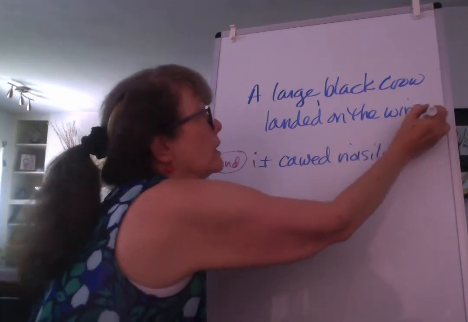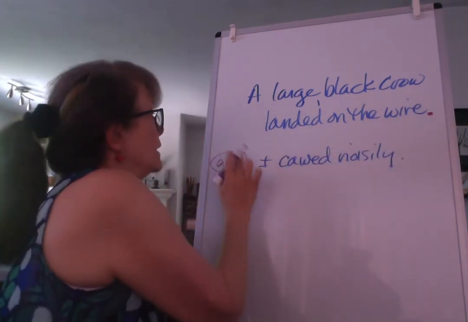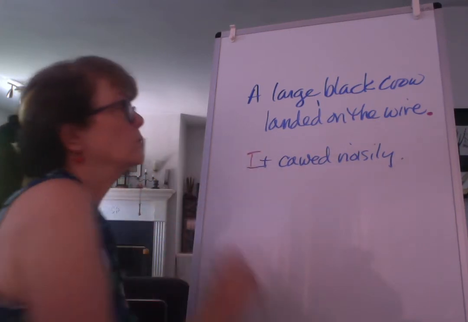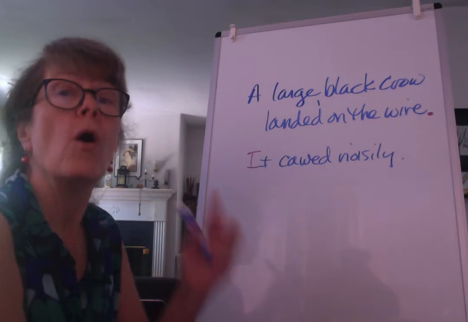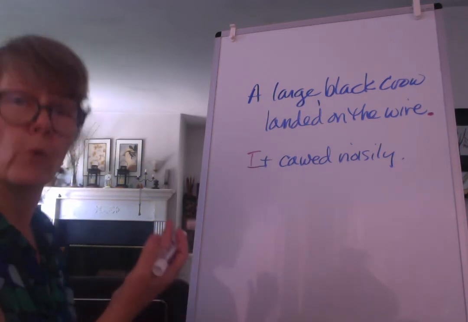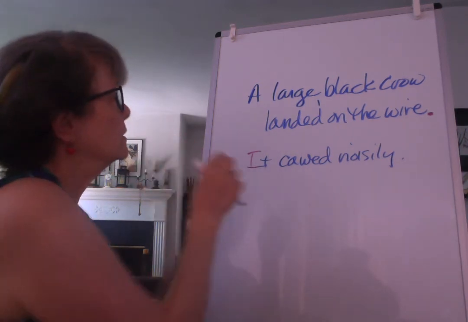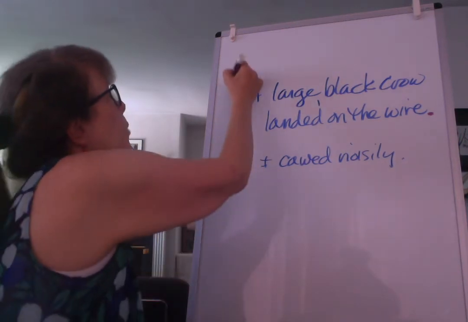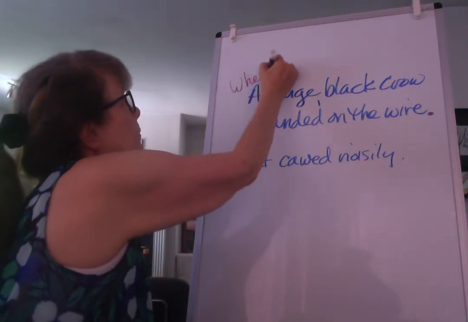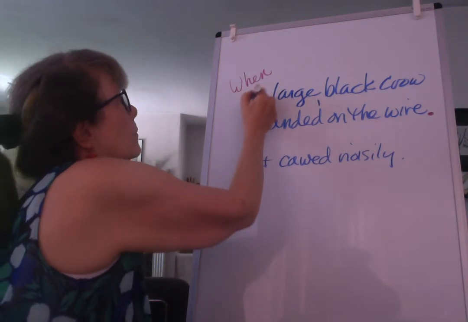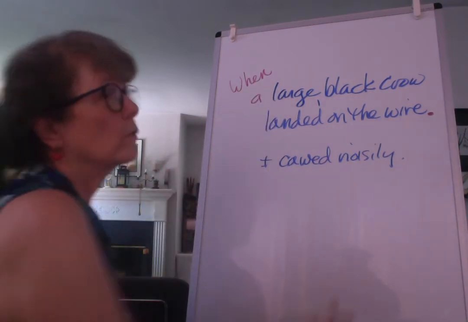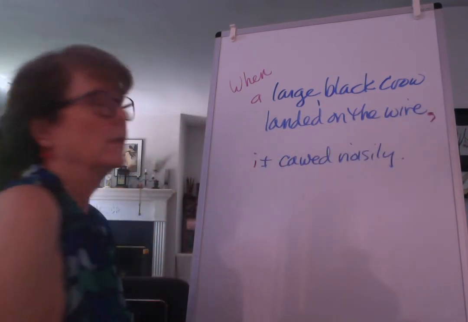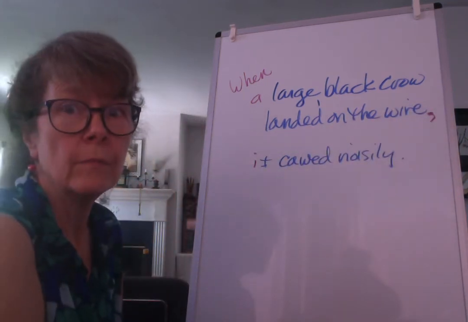Or we could leave them the way they were originally, as two separate sentences, or we can use a subordinating conjunction. So we can say, when a large black crow landed on the wire, it cawed noisily.